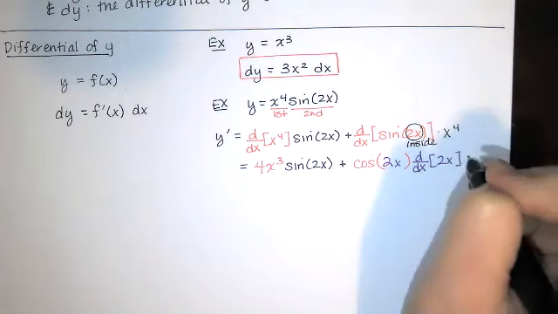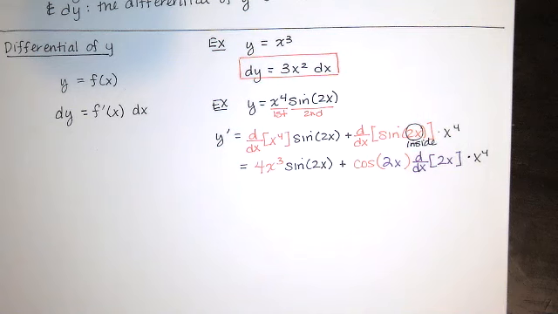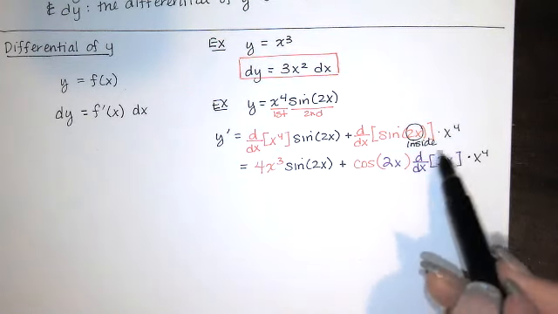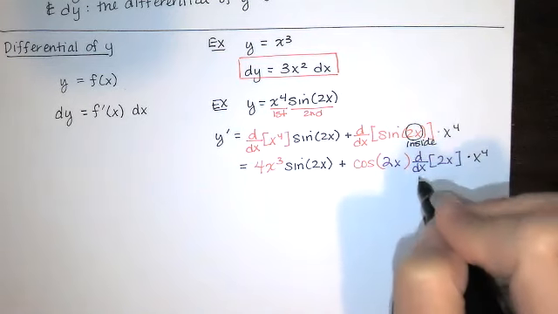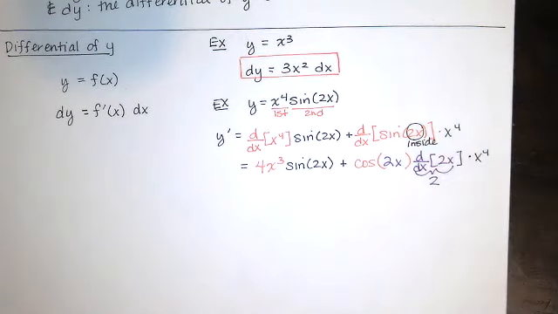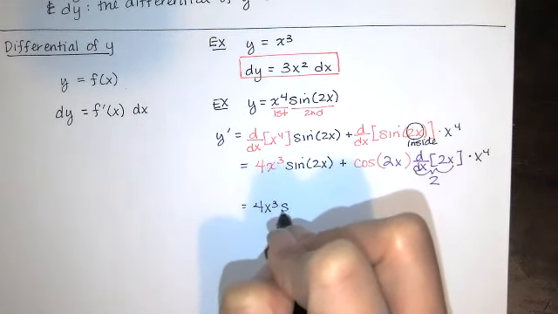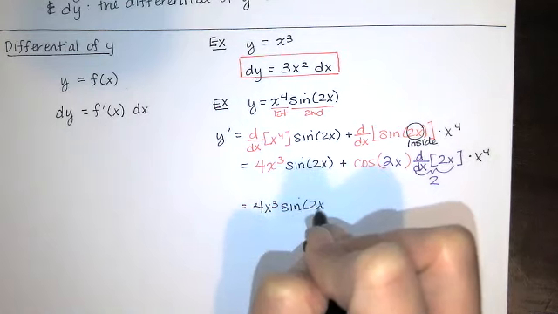And then don't forget to bring your x to the fourth down. And I see I'm done with this piece. The only thing I have left to do is this derivative. The derivative of a constant times x is just my constant. So this is y prime. I had to use the product rule and the chain rule within the product rule.